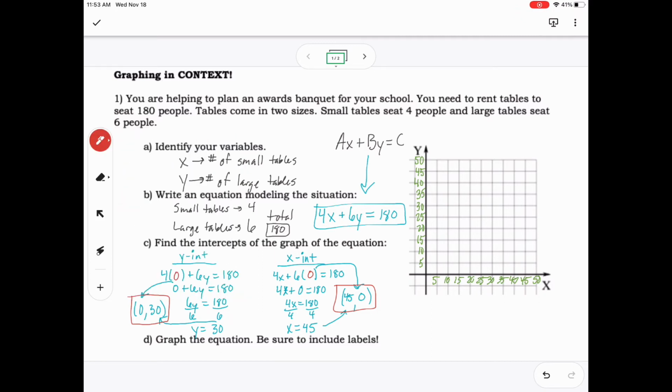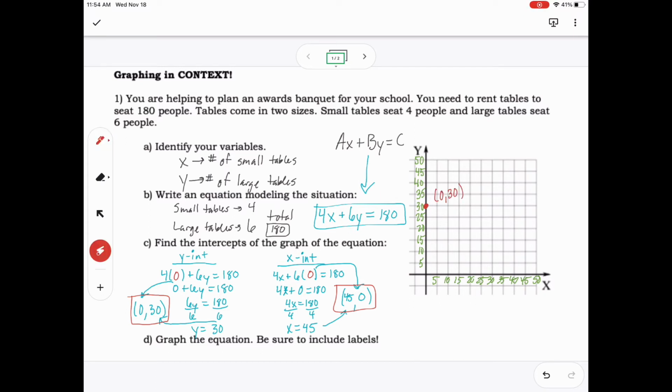Okay, so then here, 0, 30 means that I'm going to go straight up my y-axis. X is 0, so I'm not gonna go this way. So I'm gonna go up: 5, 10, 15, 20, 25, 30. So there's that ordered pair. I'm going to label like it asks.